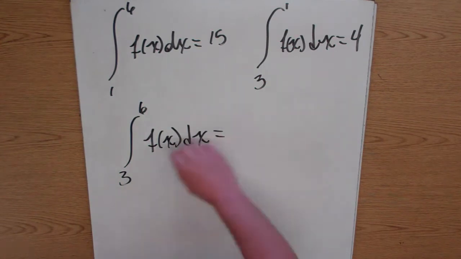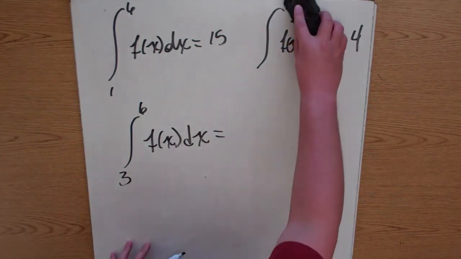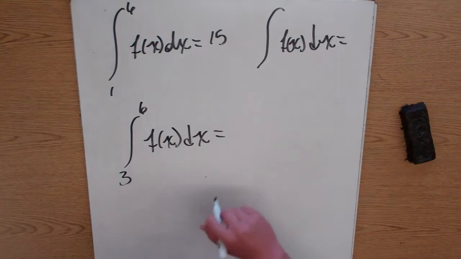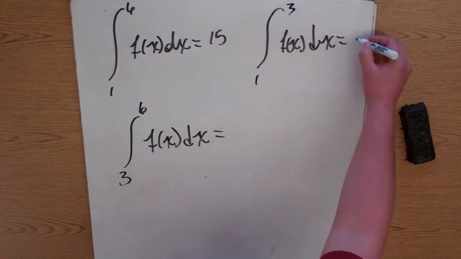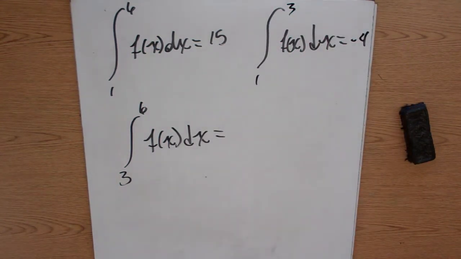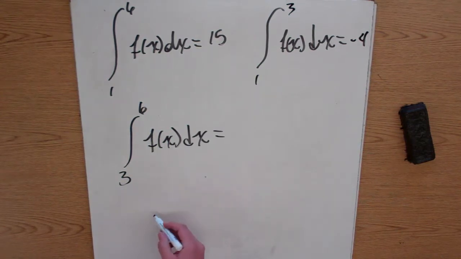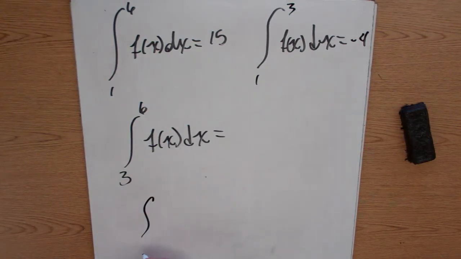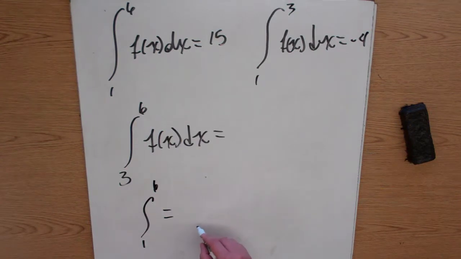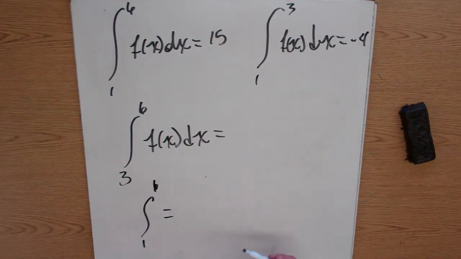When we flip this, make it from 1 to 3, it's going to turn into negative 4. And we know that the 1 to 6 is going to equal the 1 to 3 plus the 3 to 6.